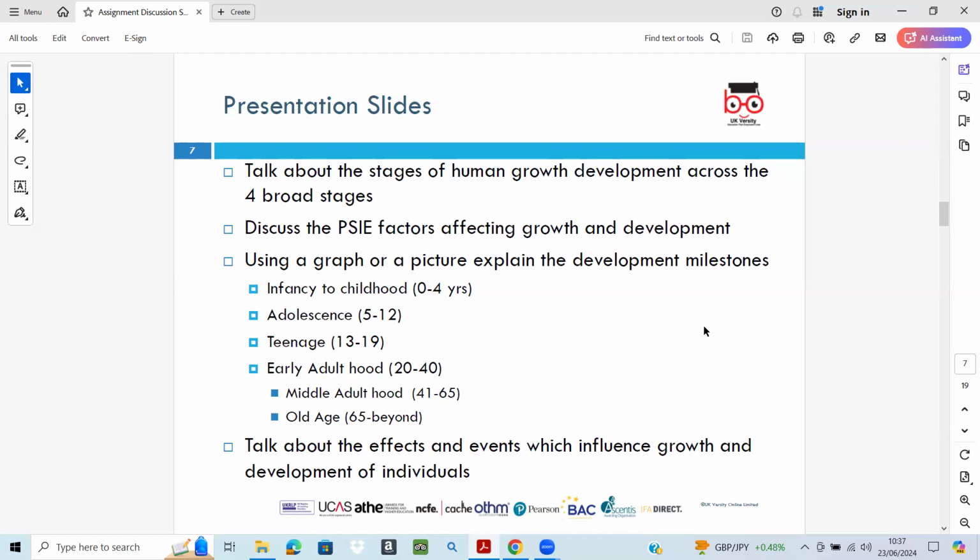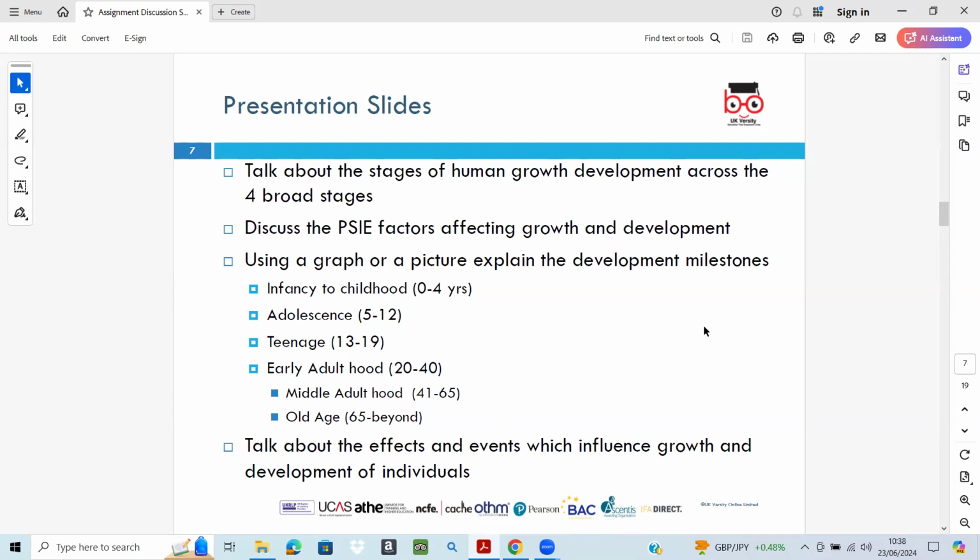And in slides 12 to 14, or 11 to 12, we can cover effects and events influencing growth and development.